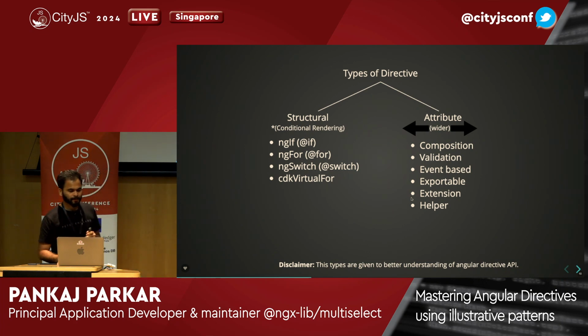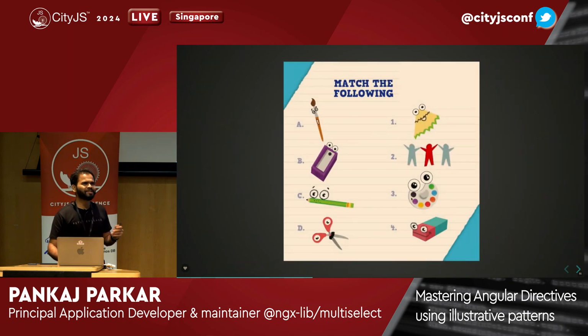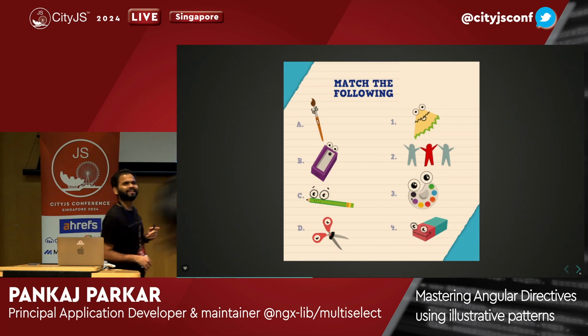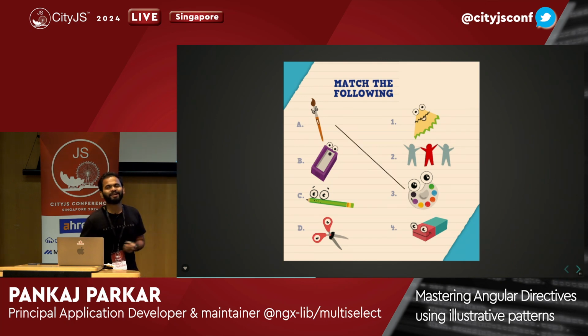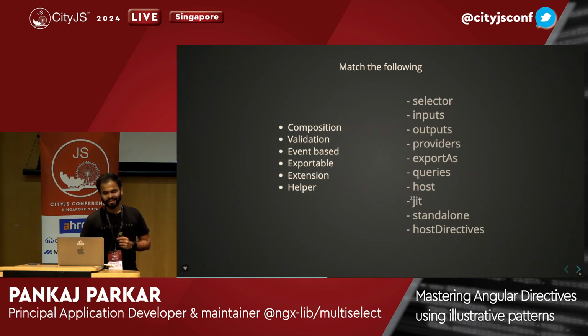Okay, you know this simple diagram, match the following. In the early days, in academics, we used to have this, so that by looking at the left-hand side, we could try to find what matches on the right-hand side. Why not use this kind of pattern to learn the Directive API and see how each property of the Directive API can be used, based on the types of directive that I defined.